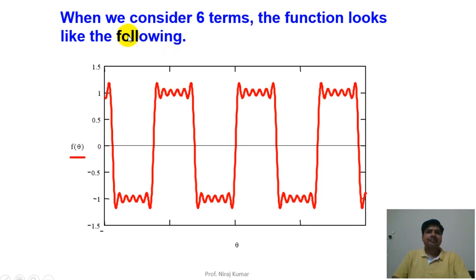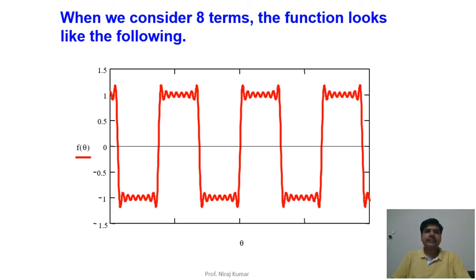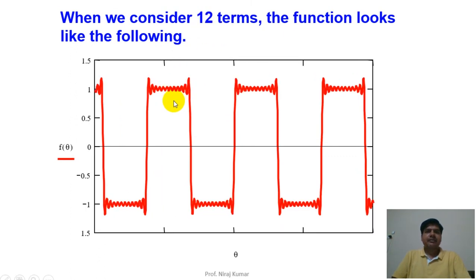Here 6 terms are considered, and we can see there will be 6 ripples here. Similarly, this one is considered with 8 terms and there are 8 ripples. This is for 12 terms, and the number of ripples increased, and also this vertical line is getting aligned towards the y-axis.